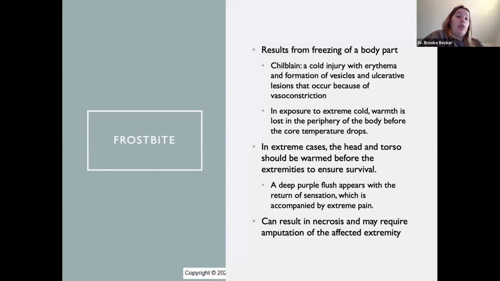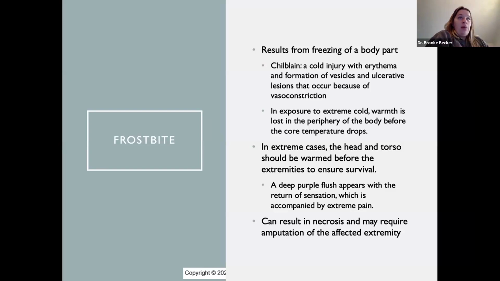And that occurs from vasoconstriction from the cold, right? We're going to vasoconstrict because it's really cold. In exposure to extreme cold, warmth of the periphery of the body is lost so that the core part of the body, the center of the body, can maintain the heat.